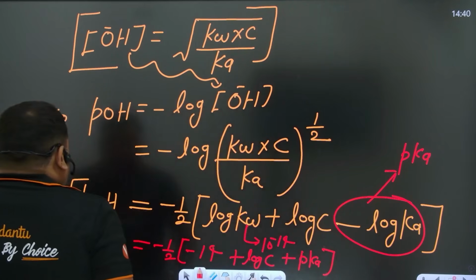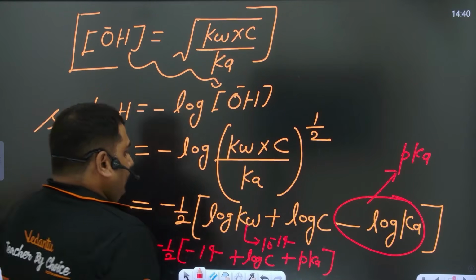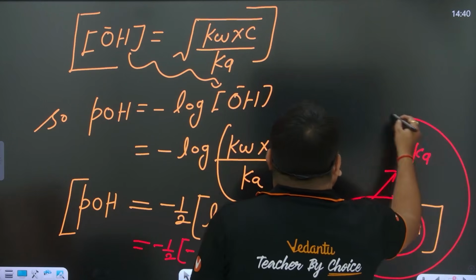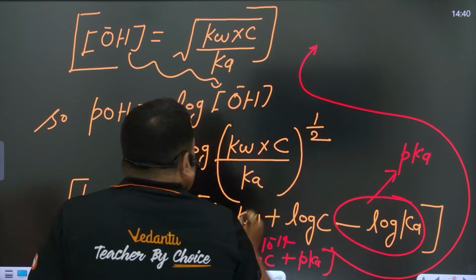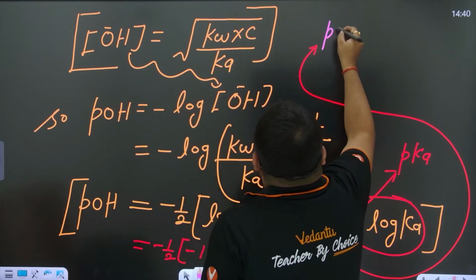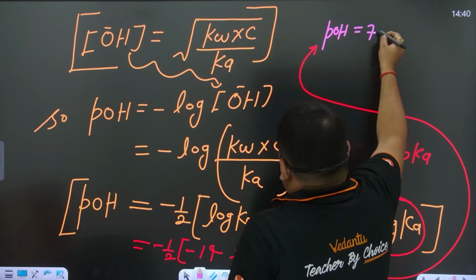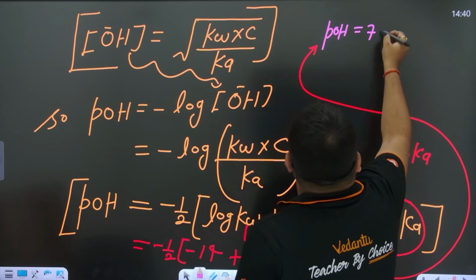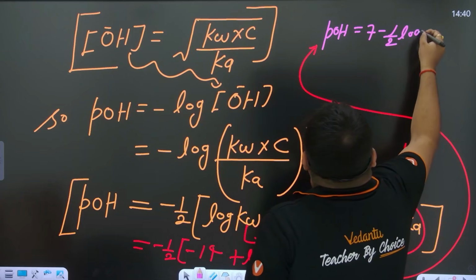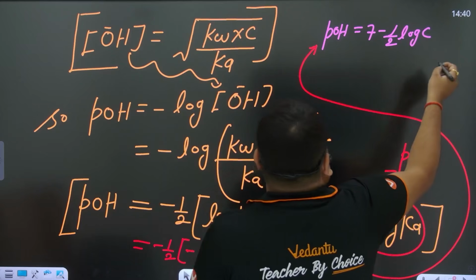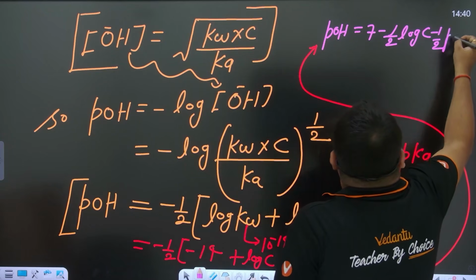Now if you take minus 1 by 2 inside, then we write the relation here. So pOH is equal to 7 minus 1 by 2 log C and minus 1 by 2 pKa.